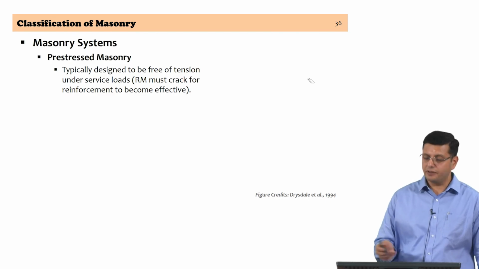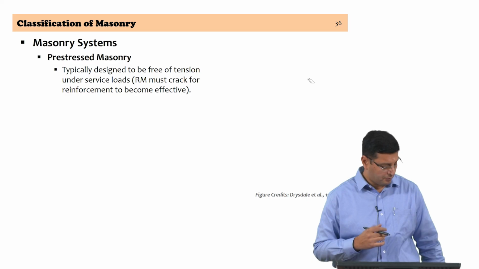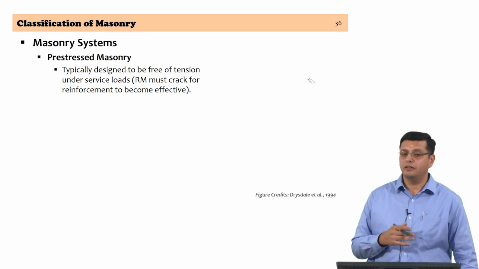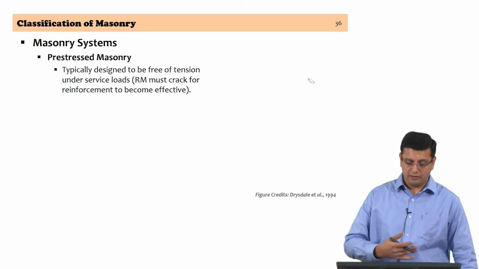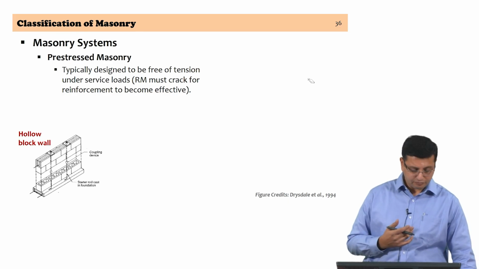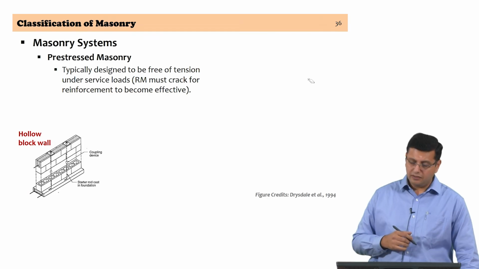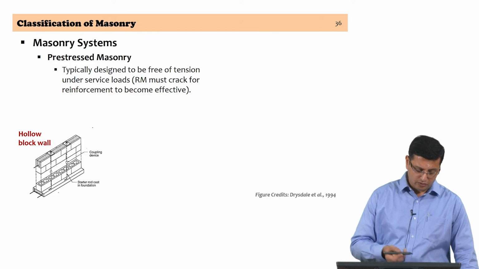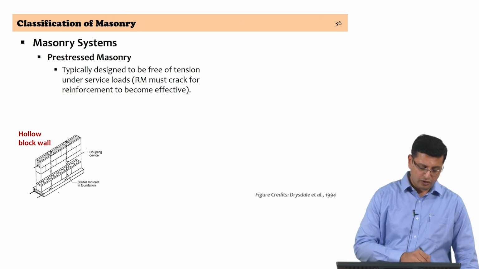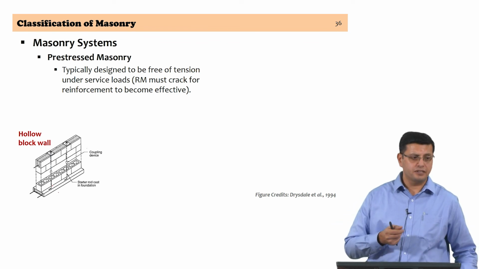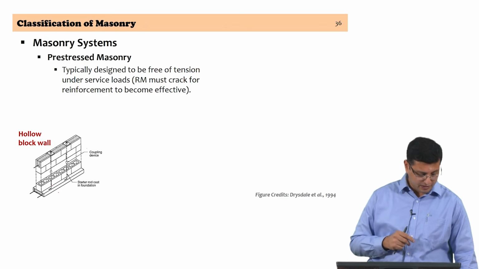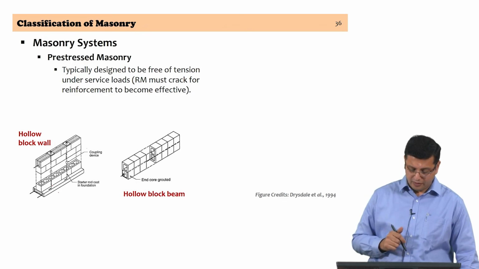So, the main difference between reinforced masonry and prestressed masonry is that here you do not have to wait for the wall to crack for the system to be effective. So, this is again with the use of hollow blocks. You put in the cables, and the cables are tensioned to create the prestressed system itself.